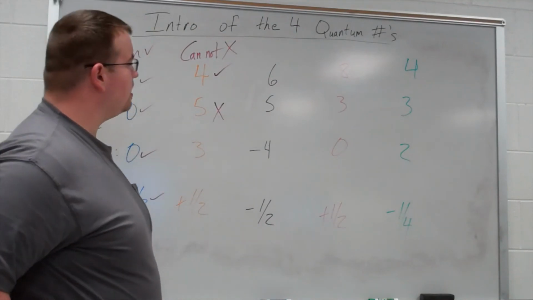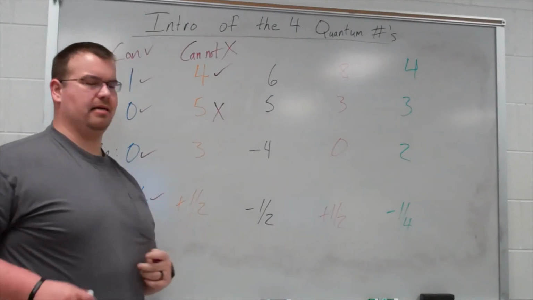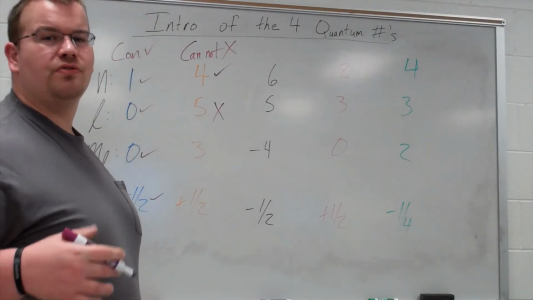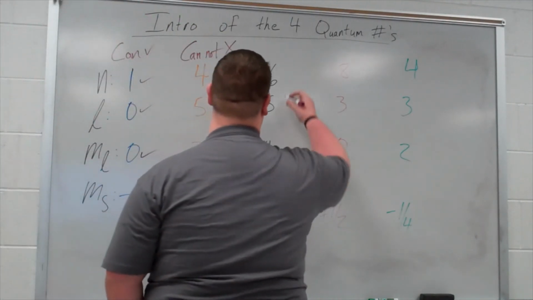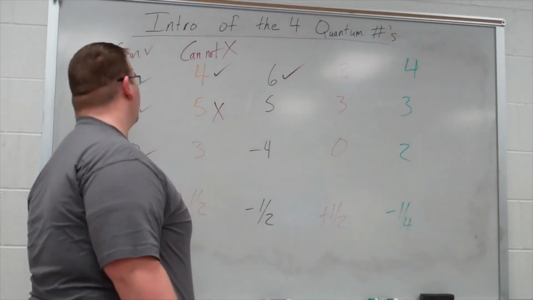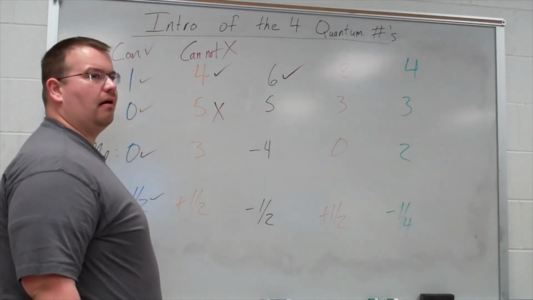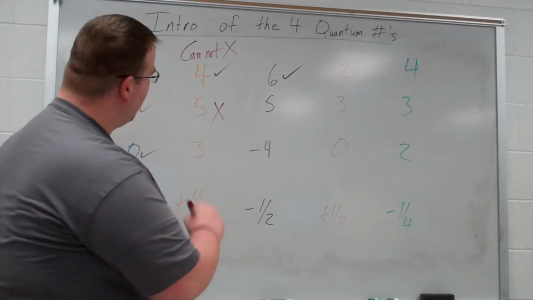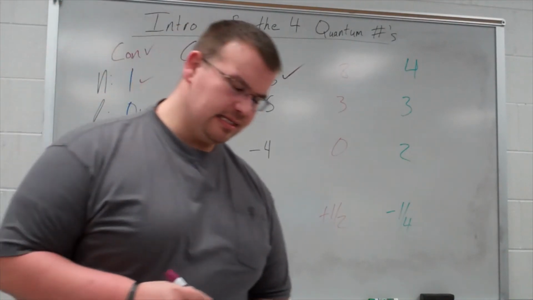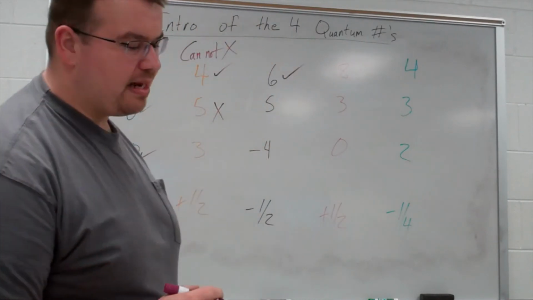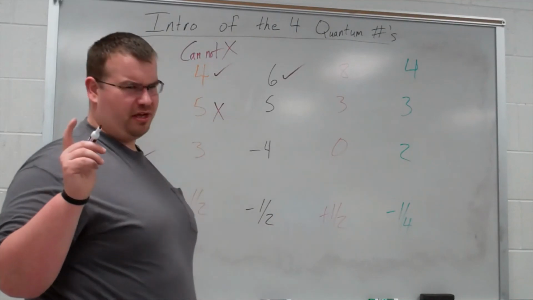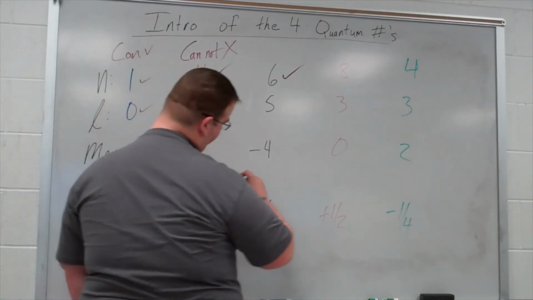Let's look at the black. n is 6. Can n be 6? Yes, because it goes from a range of 1 to 7, whole number, so 6 falls in that, we're good. L, in this case, L is 5. L is a range of 0 to n minus 1. In this case, n is 6, 6 minus 1 is 5, so we can go 0 to 5. 5 fits.